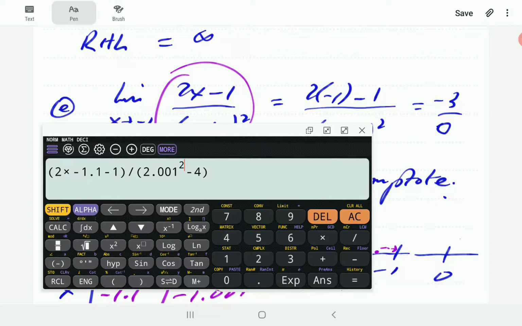Then in the denominator, we have negative 1.1 plus 1, and then this is all squared. That's giving us 320.